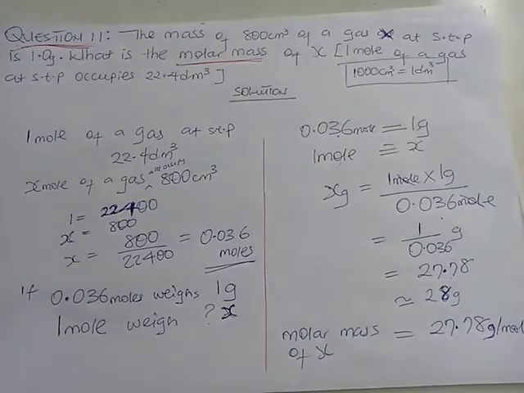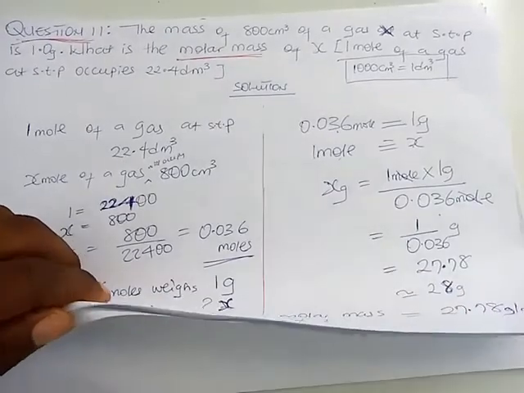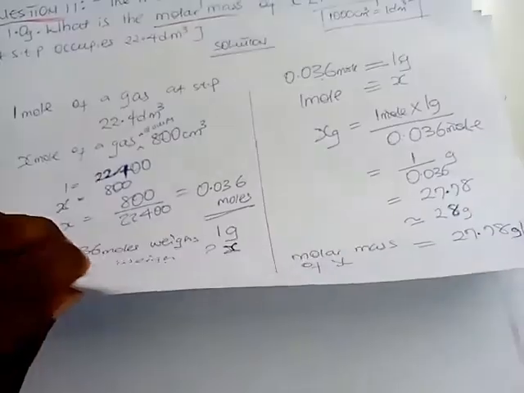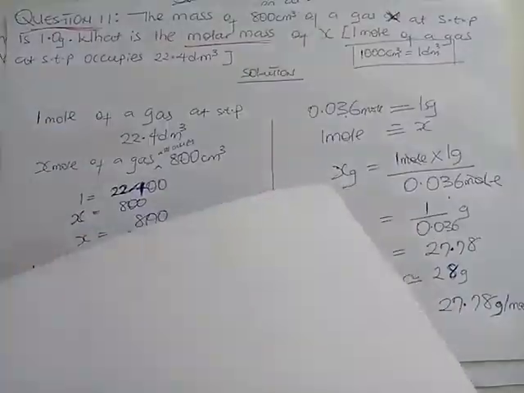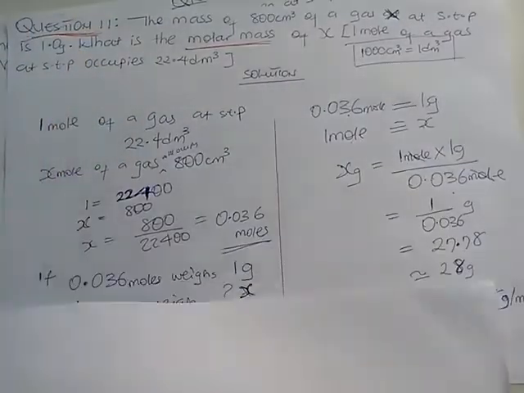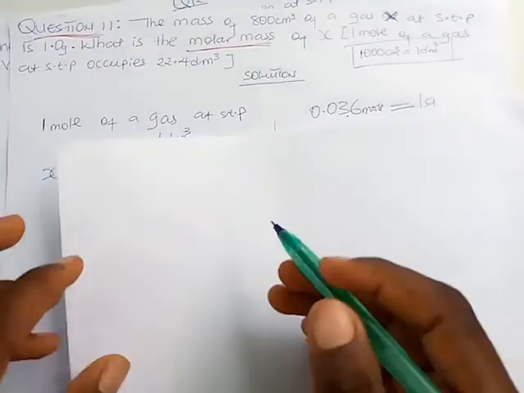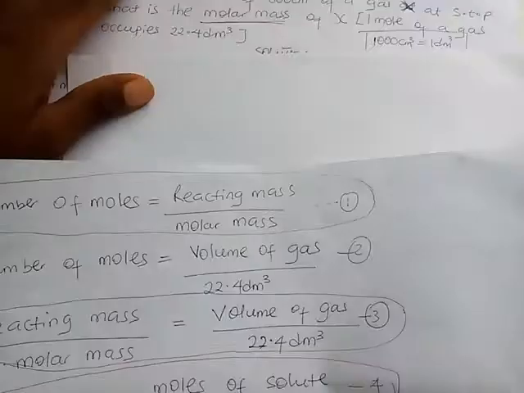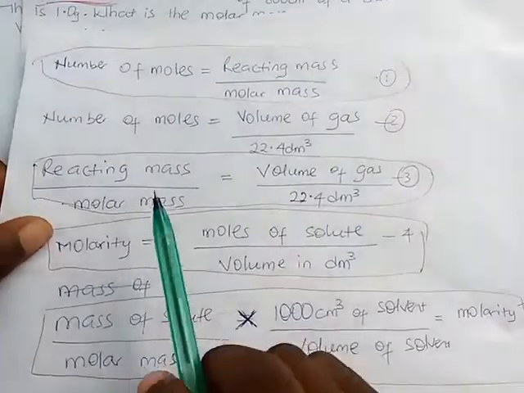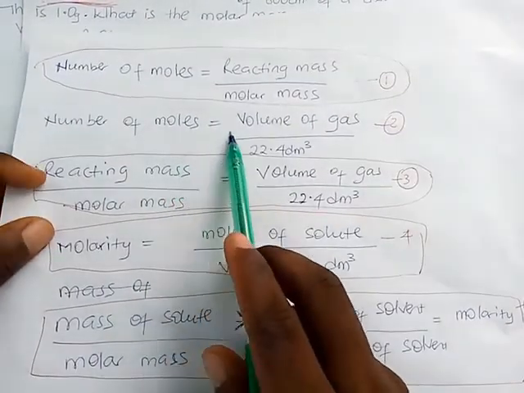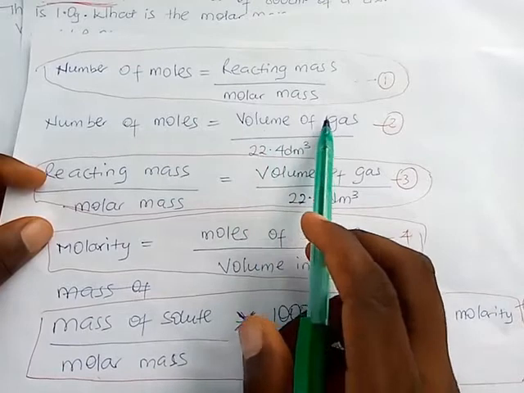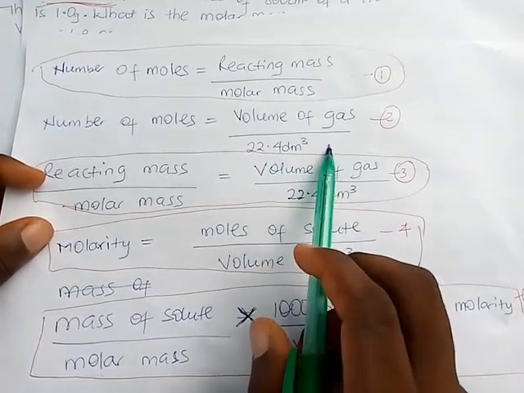Now, I'll still try to bring up the method 2. In case I want to use the second method to solve this, there is a relationship as I showed earlier on. If you go back to when I was deriving the relationship between these things, I brought out this, that number of moles is equals to volume of gas all over 22.4 dm cube.